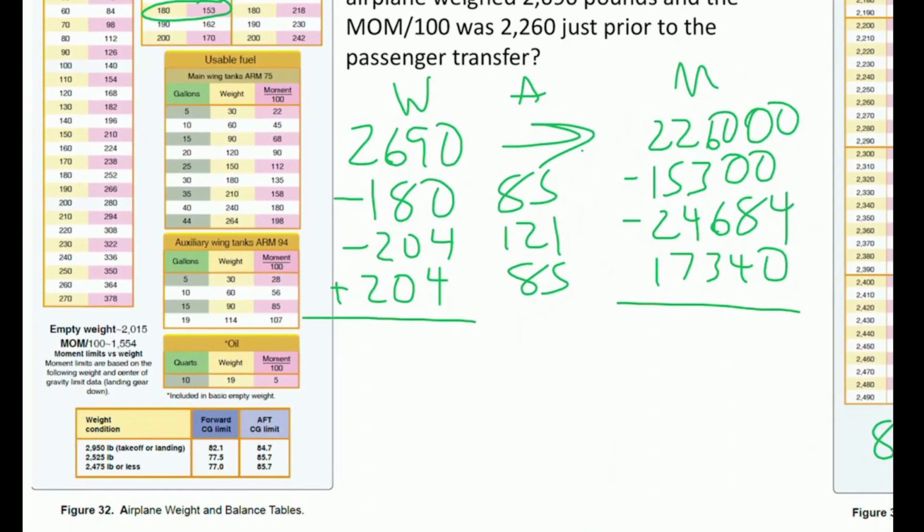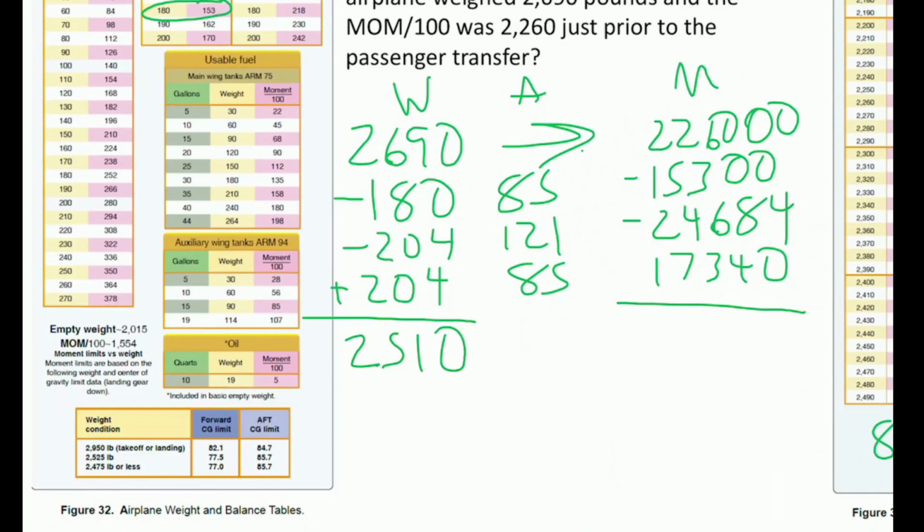Okay? So now, once again, you got to figure out total weight, total moment. So our total weight, we take 2690 minus 180 minus 204 and plus 204, we get 2510.